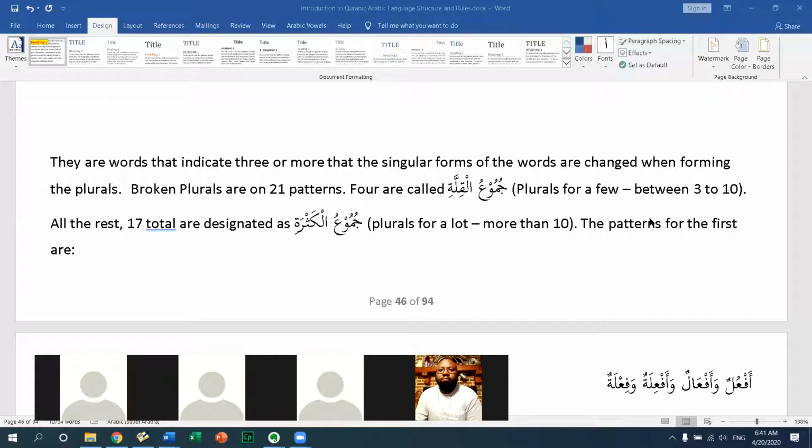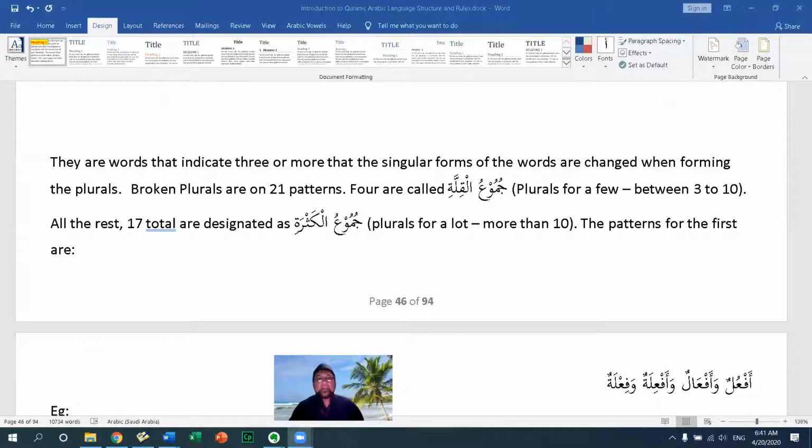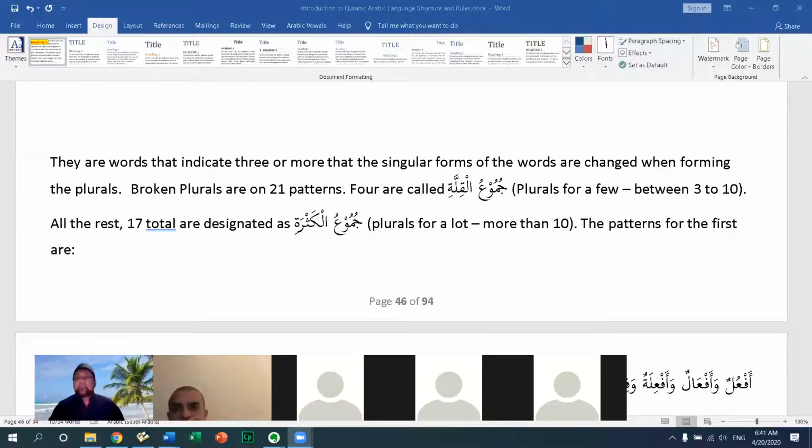We would use the plural for qilla. Qilla means a small number. Whereas if it's more than 10, we use Jumu'u al-kathra. There are 17 patterns for when the number of things that you count is more than 10.